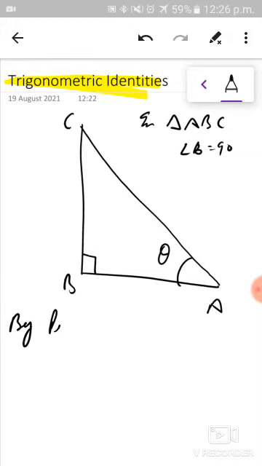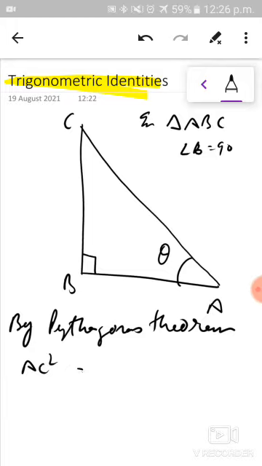by Pythagoras theorem I can write AC square is equal to AB square plus BC square. Okay, hypotenuse square equals perpendicular square plus base square.